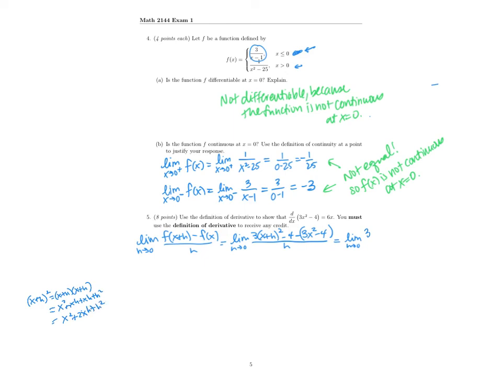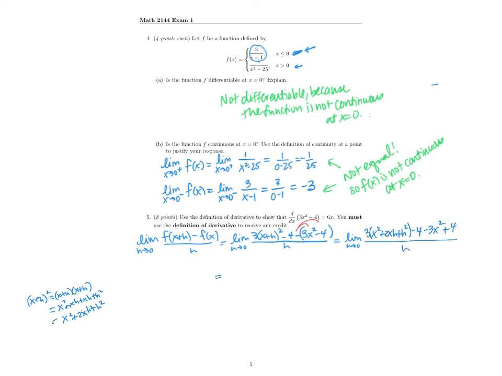So that's what we're going to use for that. So 3 times (x squared plus 2xh plus h squared) minus 4, and then I'm going to go ahead and distribute this negative sign into both of these. And so I'm going to get minus 3x squared plus 4. All of that's over h.